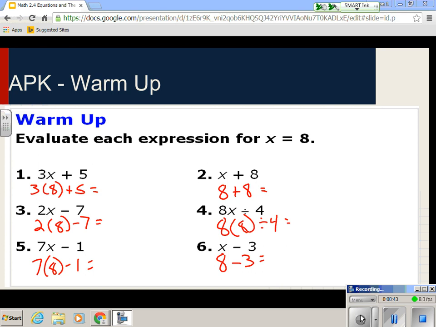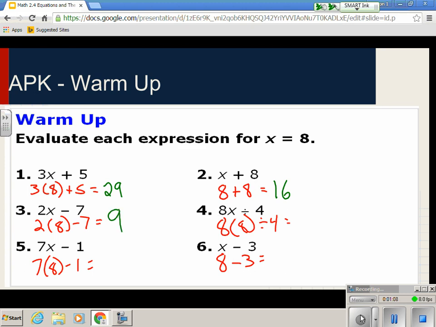So this is how you should have set up each of your problems. And then from here, all you've got to do is solve. So for number 1, you have 3 times 8, which is 24, plus 5 more gives you 29. For number 2, 8 plus 8 is 16. For number 3, 2 times 8 is 16, minus 7, that gives you 9.